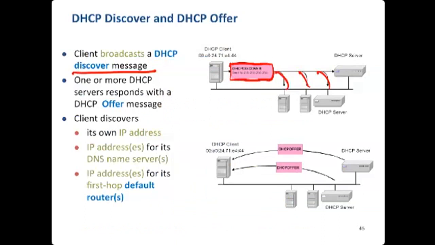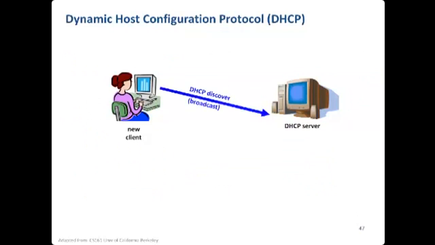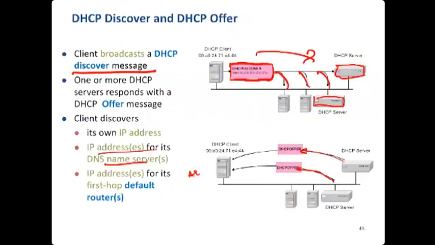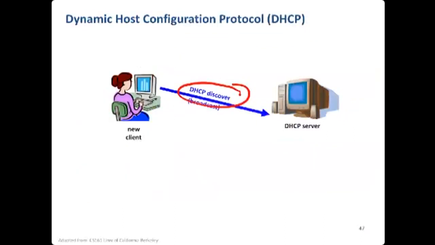When she broadcasts it, it will be received by all, and the DHCP server is there. There may be multiple DHCP servers. They will offer parameters like the IP address, domain name server, and default router. One will say, you can use this; the second will say, all right, you can use this. Then Alice's machine can select one of these. So it goes something like this. Here is Alice. She sends this DHCP discover message that we have just shown here over the net, and the DHCP server is there.